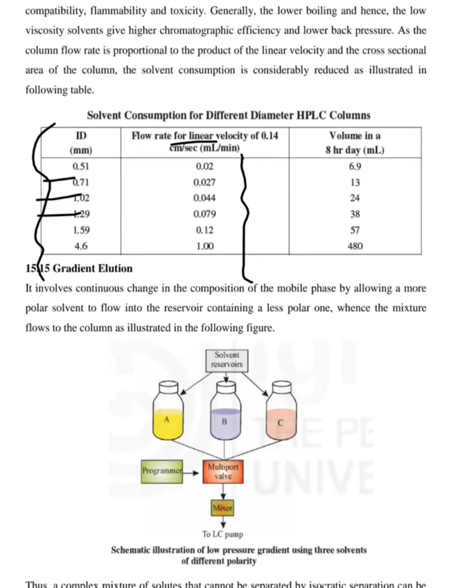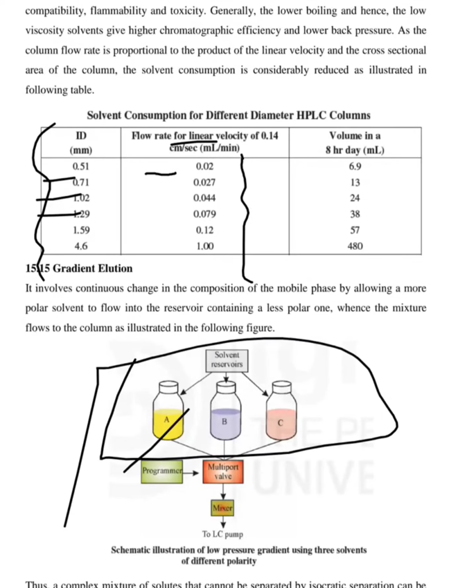So for the column diameter of 0.51, the eluent flow rate is 0.02 milliliter per minute. And further, gradient elution, what I told, is that we use three different solvents: polar, non-polar, and different polarities.